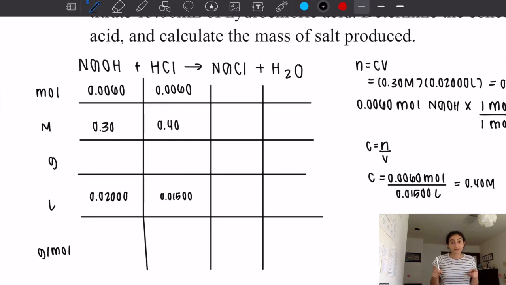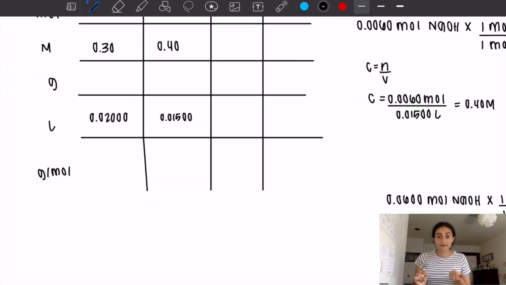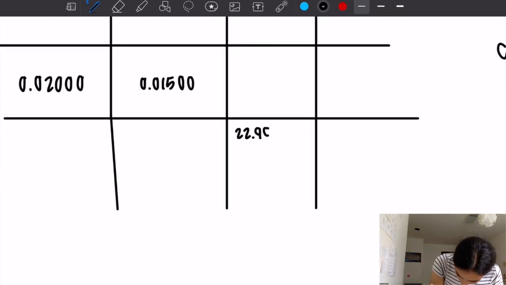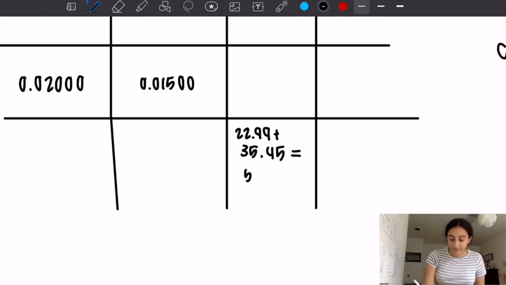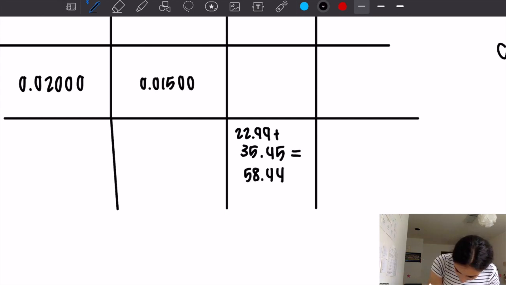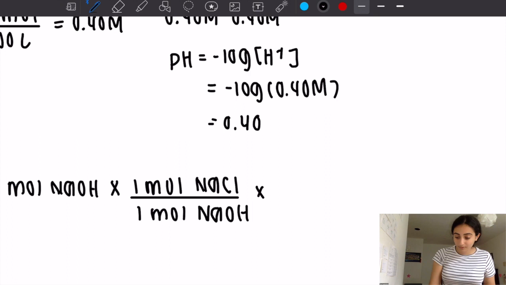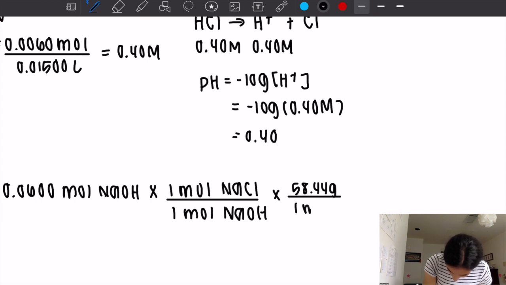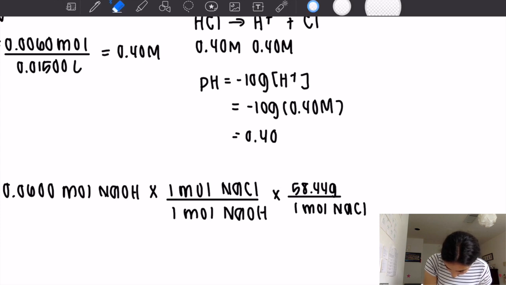But before I calculate the mass, I need to figure out the molar mass of NaCl. So that is going to be 22.99 plus 35.45, which is going to equal 58.44. So now over here, I'm going to write 58.44 grams over 1 mole NaCl.